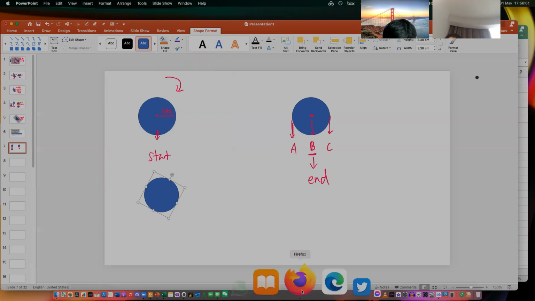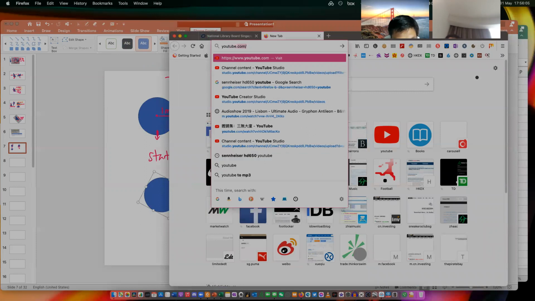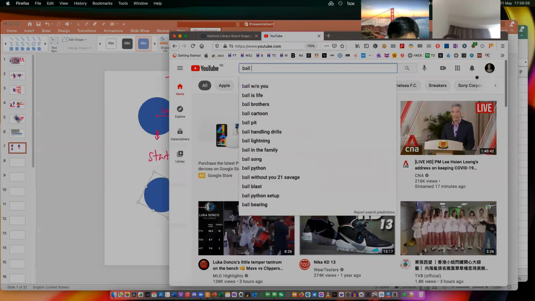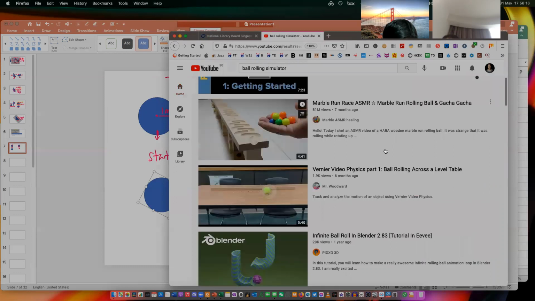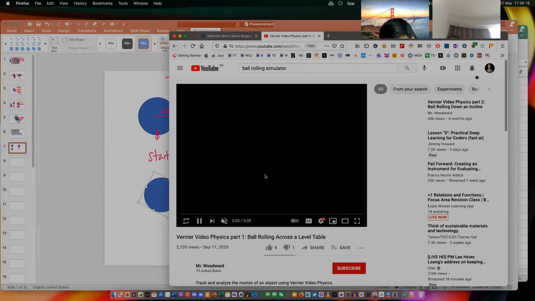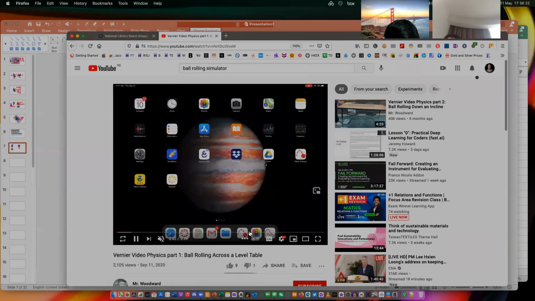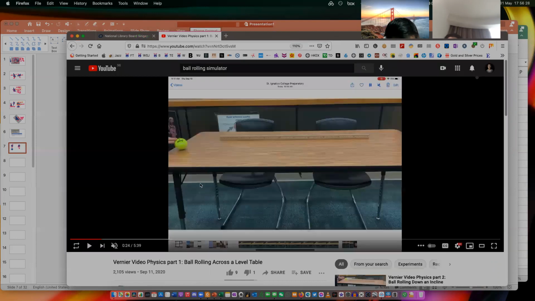Okay, so it looks like it's harder to simulate it here. Let me see if I can simulate it better. Okay, so I think this is a very good simulation.